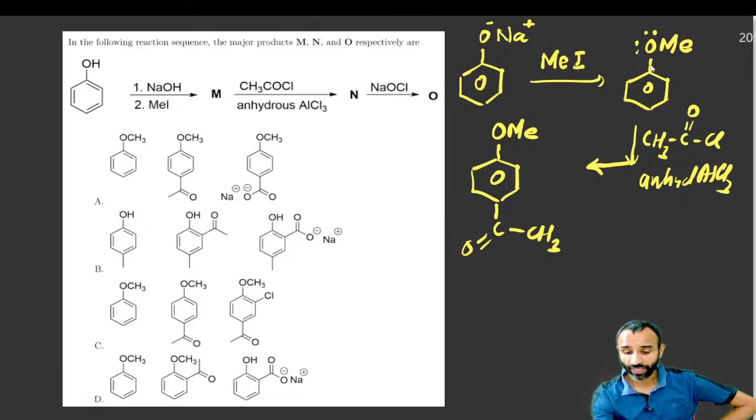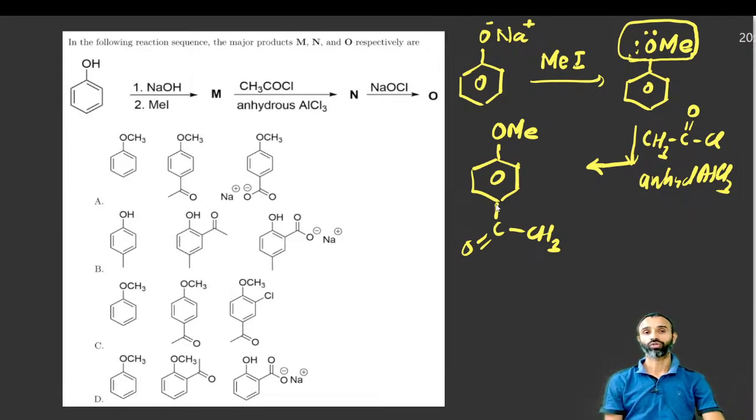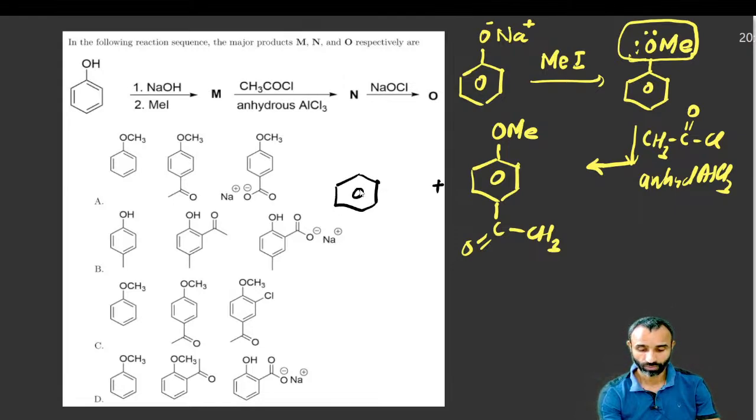Whenever atom directly attached to the ring has lone pair, then it has plus R effect. Means it is electron releasing, it is activating group, and therefore increases the electron density at ortho and para. Okay, so it is ortho para directing, so we get both the products, ortho as well as para. So we have both the products. Like I said, जब तक कुछ mention नहीं किया, we will assume a para to be the same. Yes, major is para.